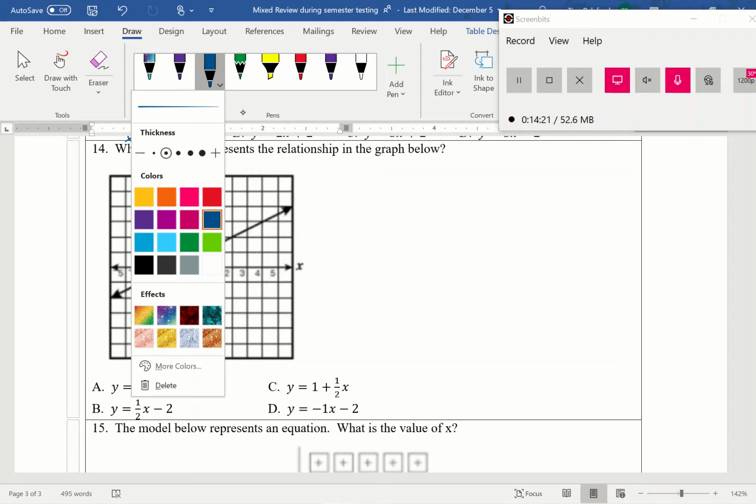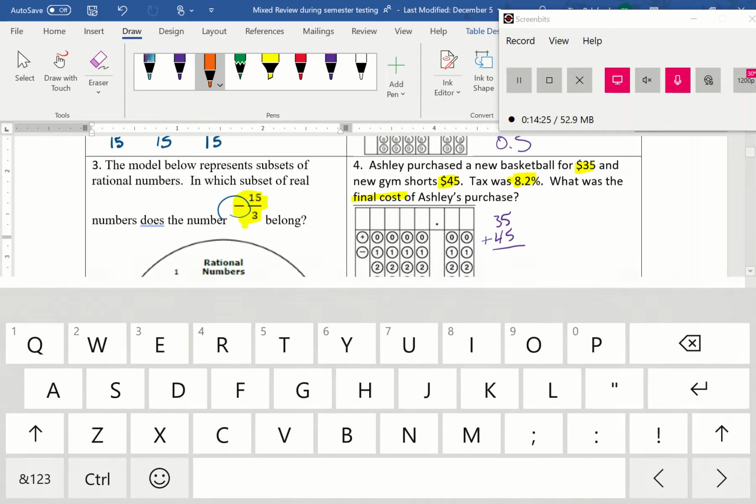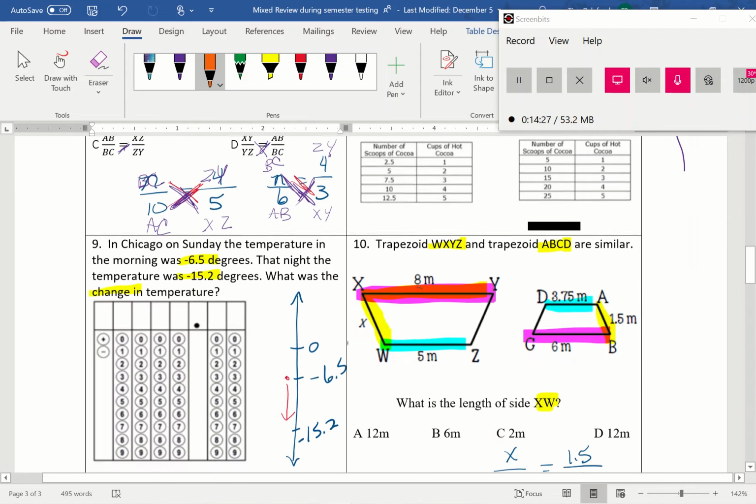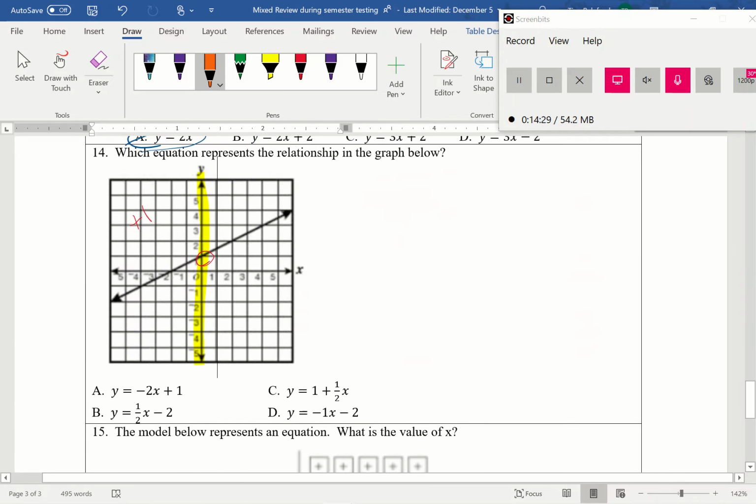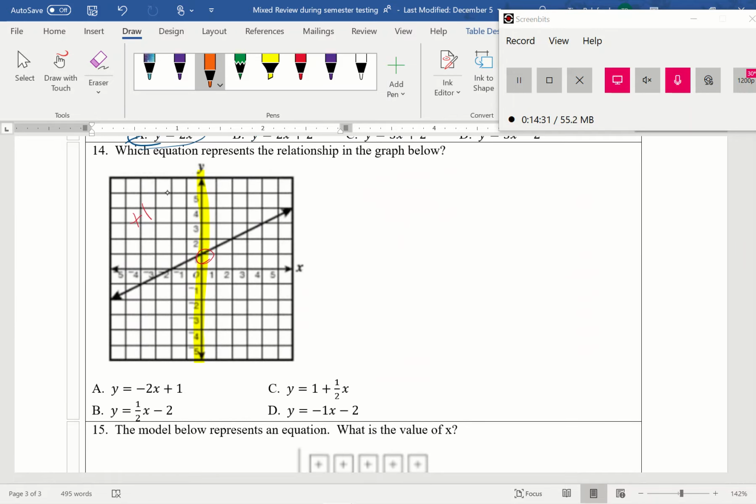With whatever you have left, you can test your equations by finding a spot on the graph and substituting those numbers in for the X and Y.